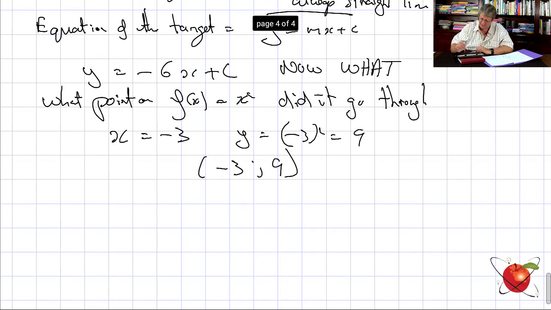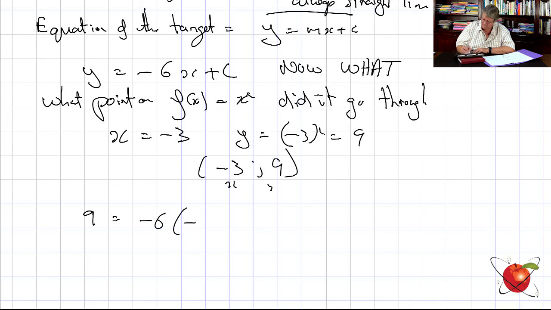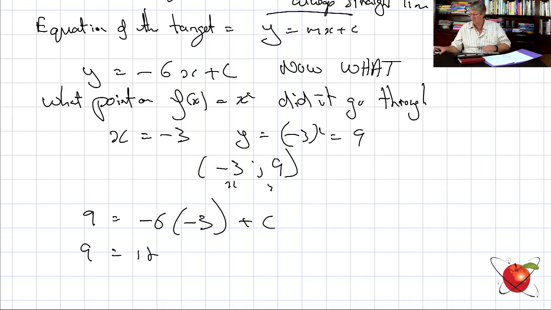Thus, I can say that this is x and that's y. Therefore, 9 must be equal to minus 6 times minus 3 plus c. And basically, I can take it from there and I can say that 9 must be equal to 18 plus c. 3 times 6 is equal to 18.